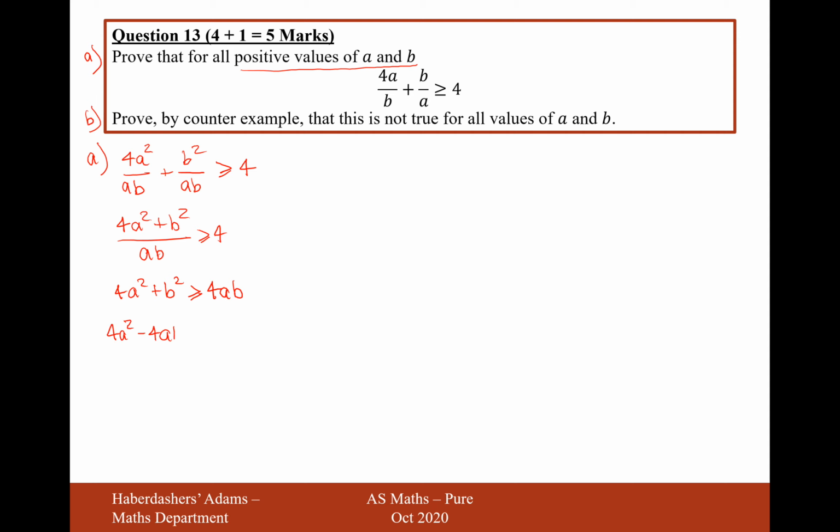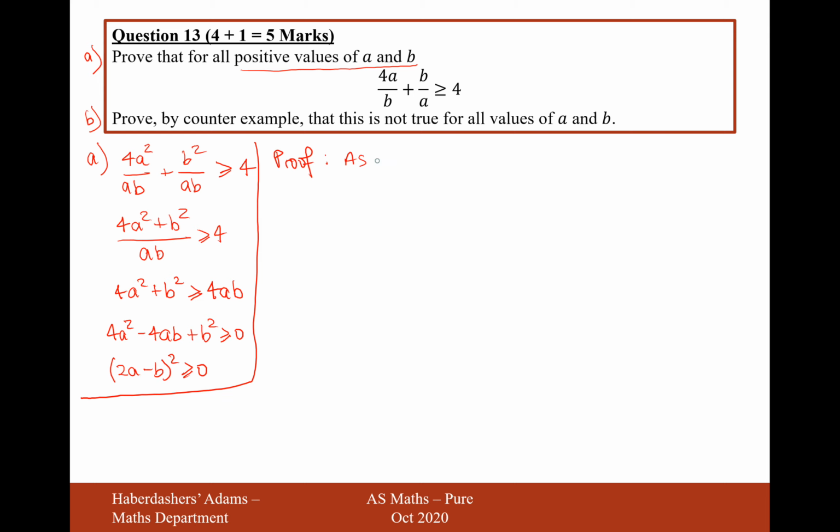We're looking to make an inequality that is greater than or equal to 0 because always a squared inequality, a squared bracket, will always be greater than or equal to 0. And if we factorise this now, we get 2a minus b squared is greater than or equal to 0. So our proof is going to start with this inequality at the bottom there.